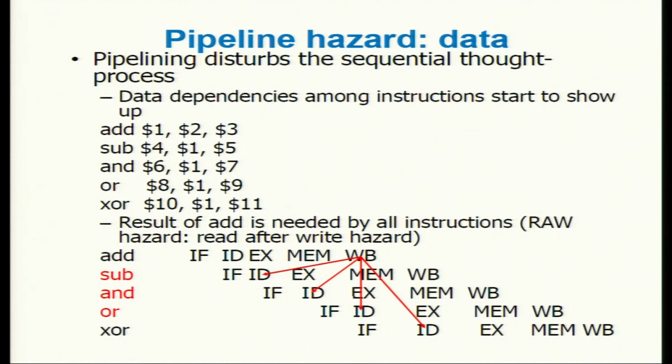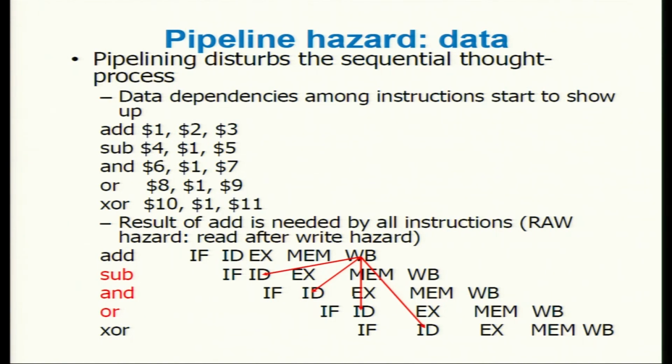So now if you look at the pipeline, this add instruction will be fetched here, decoded, executed. It will not access memory, but it will go through this stage doing nothing. And then we'll write back the result of this add instruction to register 1. The problem is that the sub instruction here will read its source operands here in this particular cycle, which also includes $1.